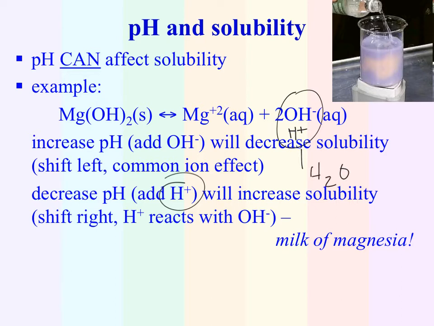That's the equivalent of pulling hydroxide ions out of solution, and if we remove products, our equilibrium is going to shift to the right. So by having an acidic pH in this situation, we drive the ionization of the magnesium hydroxide and therefore increase the solubility of this solid.